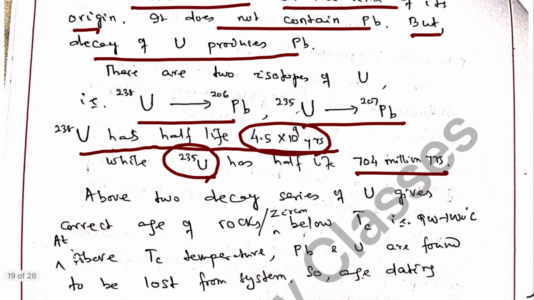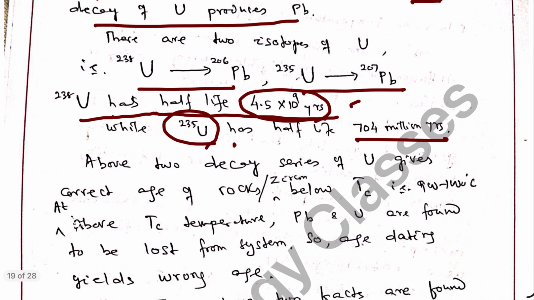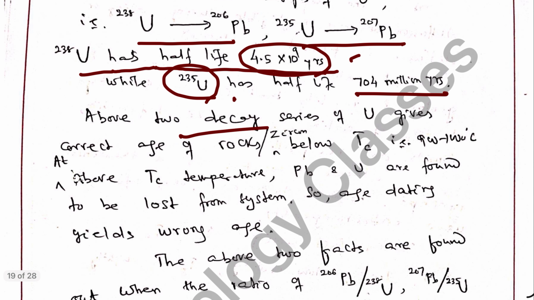So, the rate of decay is faster in case of U-235 compared to U-238.